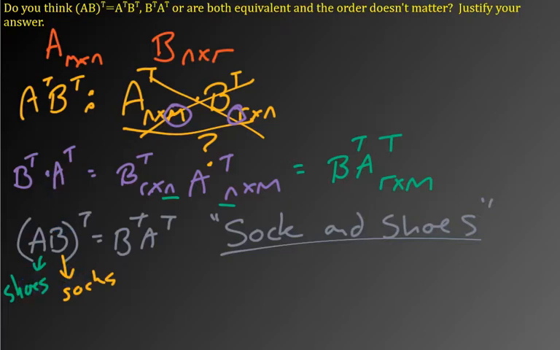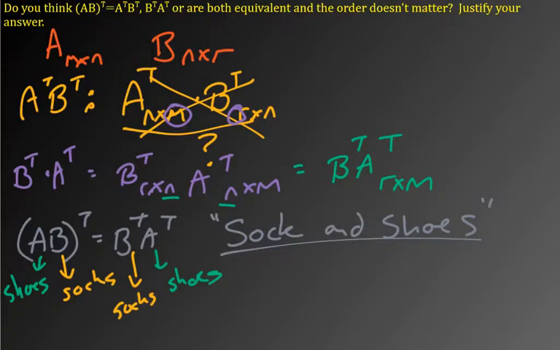But if you're going to take them off, you actually take your shoes off first, and then you take your socks off. This kind of reverse pattern happens in math, oddly enough, in a lot of places. They throw this term socks and shoes around whenever that pops up. And transpose is one of those.